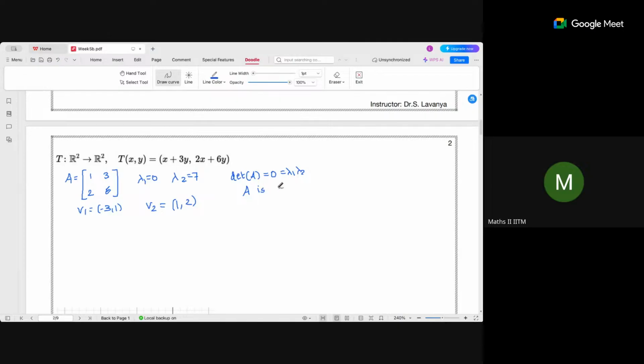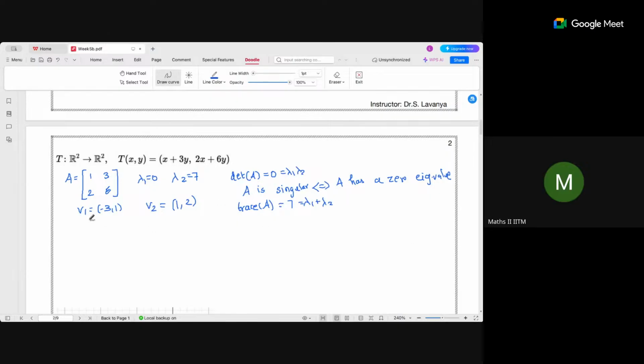A is singular if and only if A has a 0 eigenvalue. Okay. And also here, what is the trace? 7, which is lambda 1 plus lambda 2.